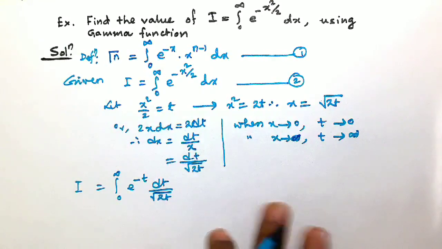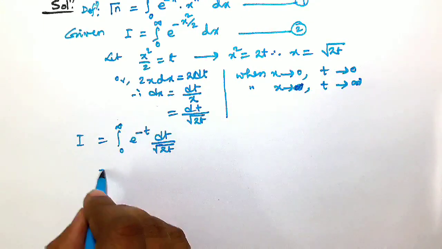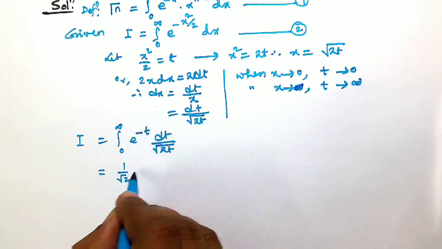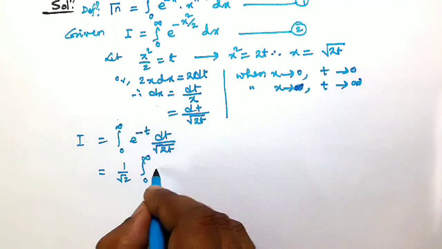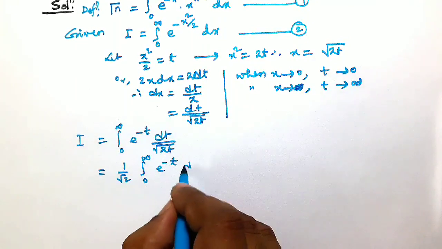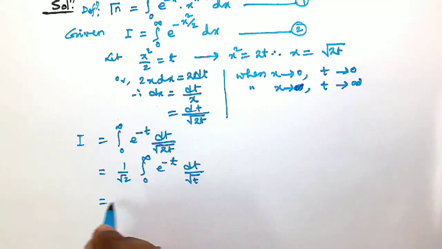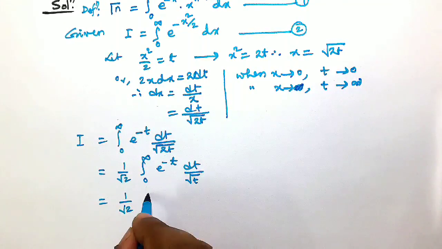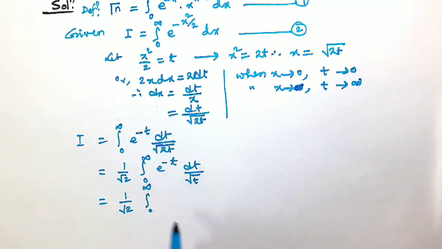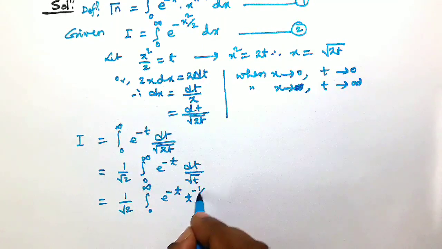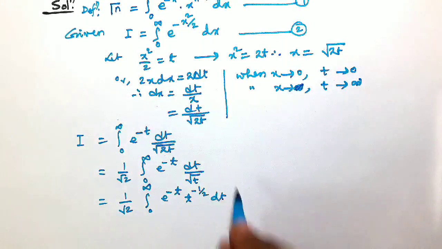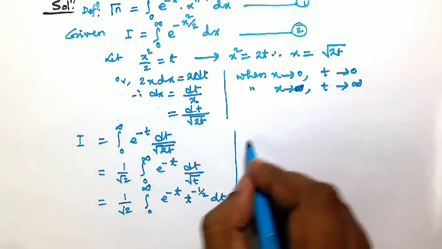So friends, we can write it as 1 upon root 2 integration 0 to infinity e to the power minus t dt divided by root t. That means 1 upon root 2 into integration 0 to infinity e to the power minus t, t to the power minus half dt.